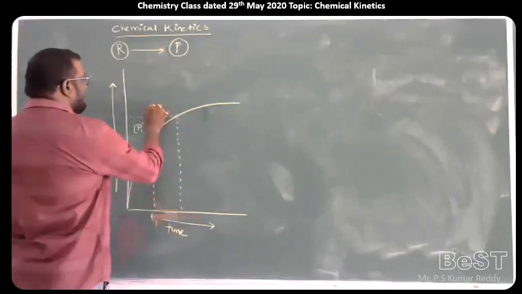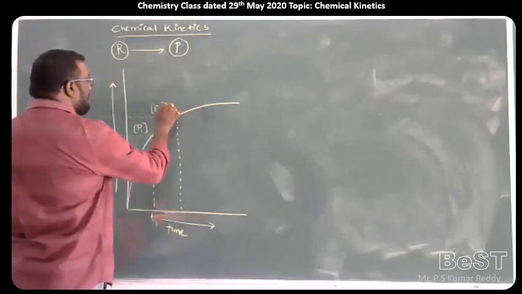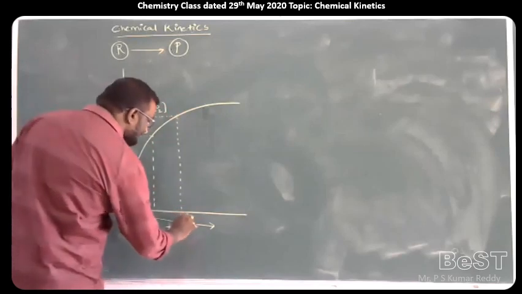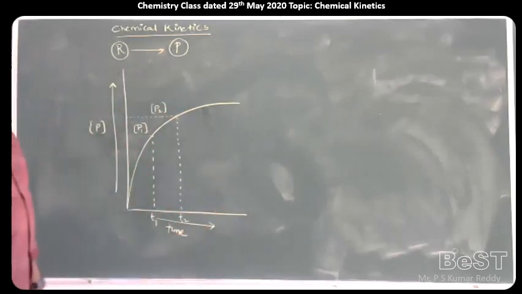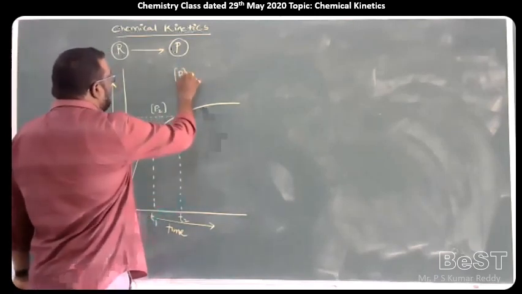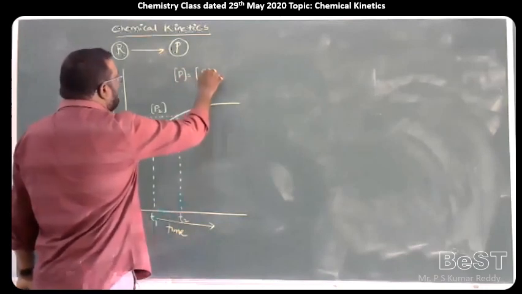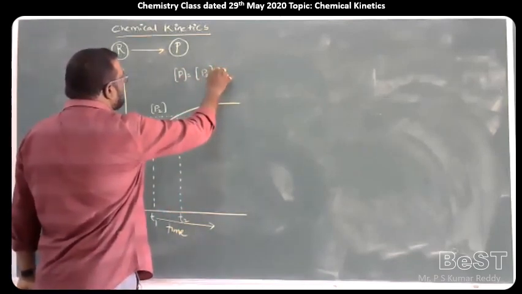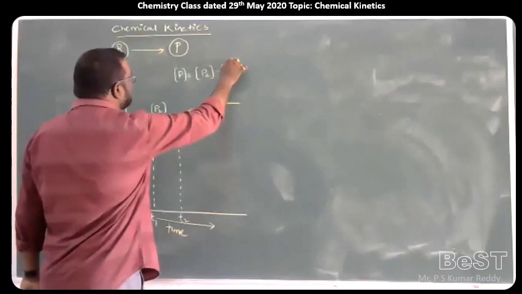And let us think that this is the concentration of the product P2 at T2 time. Now, the change in concentration of the product is P2, that is final concentration, minus initial concentration.